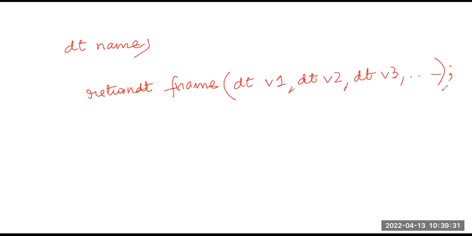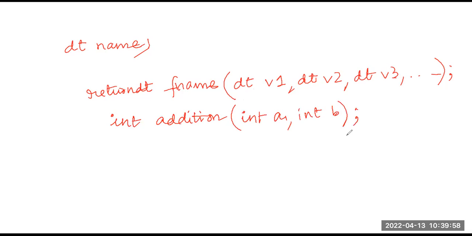Then bracket close and semicolon. Suppose your return data type is int, so you give int. Your function name is addition. For adding, you are using, suppose, two variables, both of integer type. So int variable 1 I have named A, variable 2 I have named B. Bracket close, semicolon.